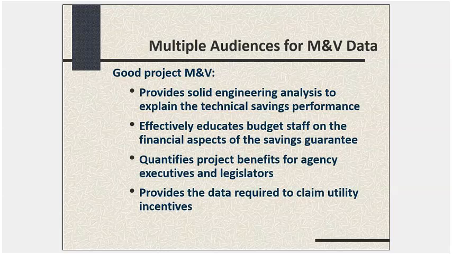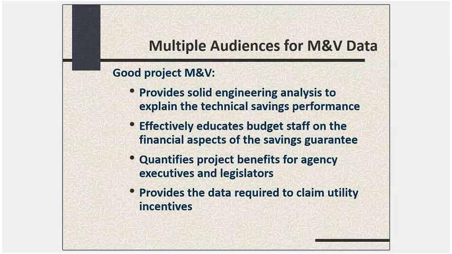And there is sort of the executive summary stuff that goes to agency executives or the legislature who wants to know about what the benefits were that were created by the project. And it provides data required to claim utility incentives if those are available and participate in other utility programs, which in this case, I think one of them that's important is net energy metering for the PV systems, for example.